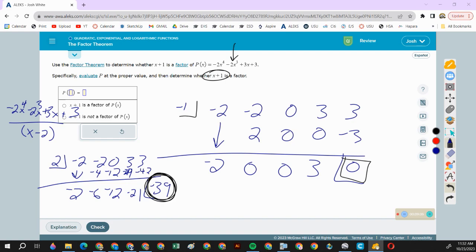Well, let's plug in 2 into this equation and see what happens.